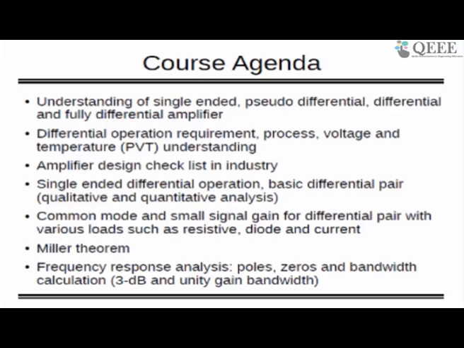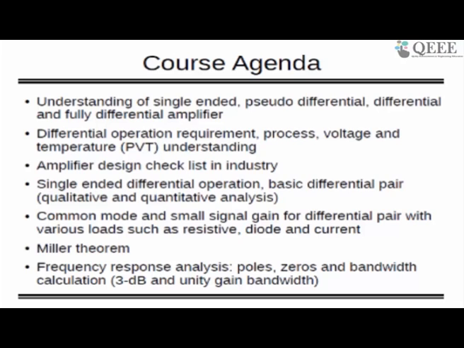All these things are good in differential amplifier circuits. So we are going to study that, and for that we are going to put some loads such as resistance, diode, and current source on top of our differential pair, and this will give you a better common mode rejection and better small signal gain.